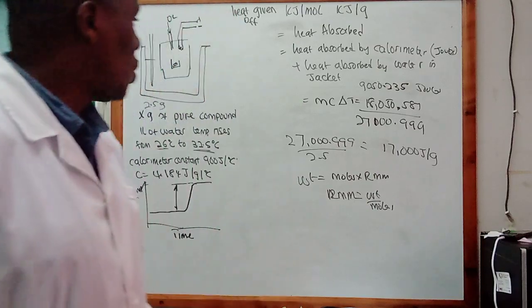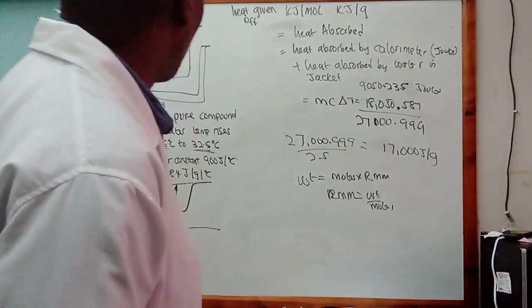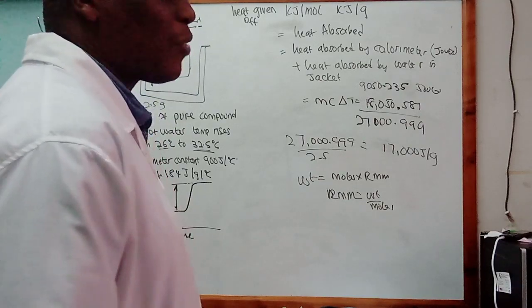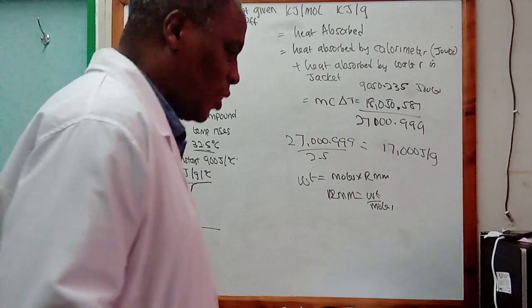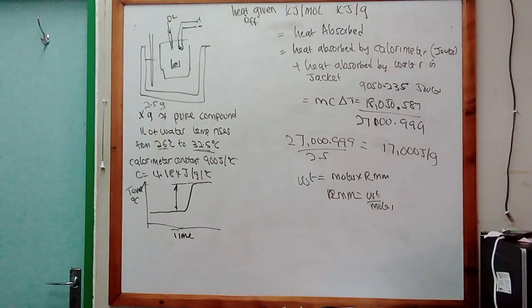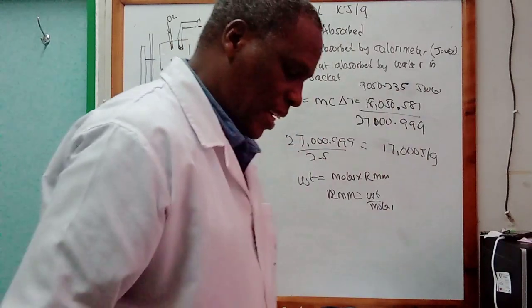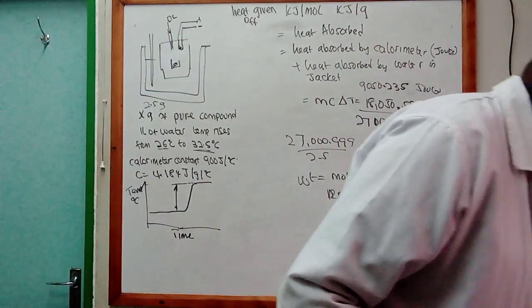So this is one aspect of the questions, the way they come. In this case, I've covered combustion. So I'm just going to stop there, and in a short while I'll look at the other two calculations.